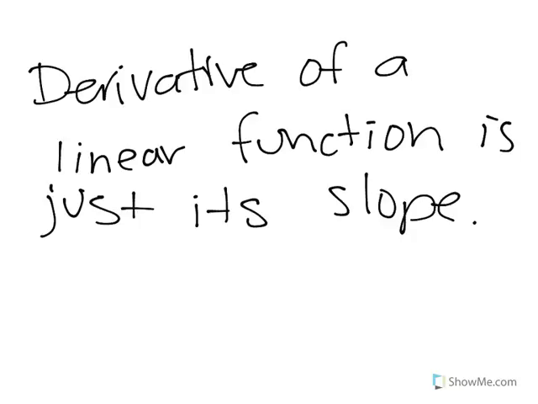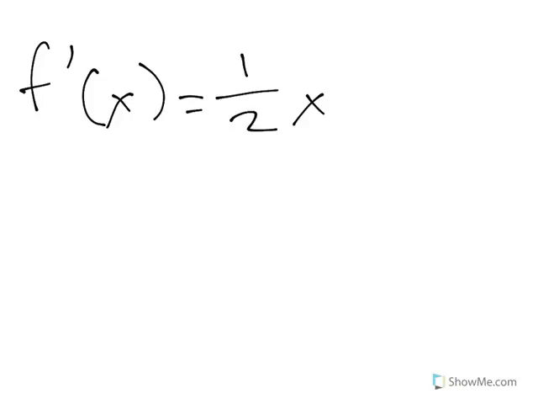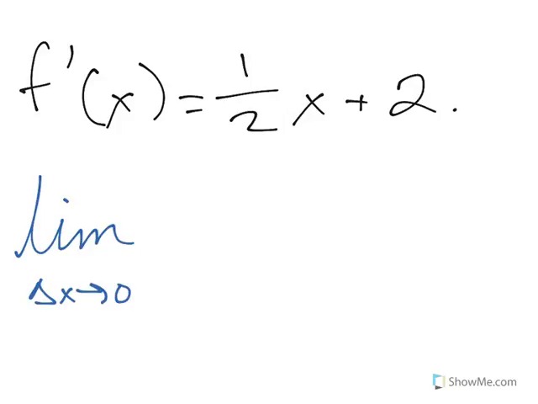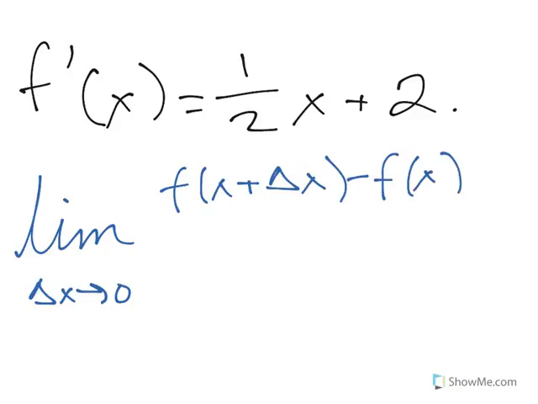So I invite you to find f prime of x of a half x plus 2. Find it using our definition: limit as delta x approaches 0 of f of x plus delta x minus f of x over delta x.